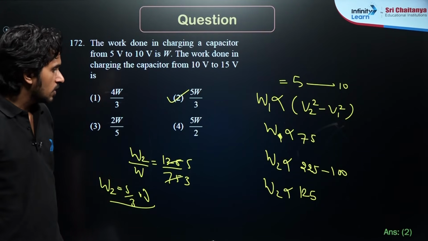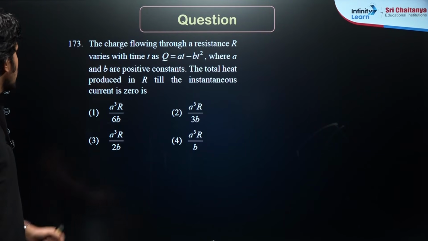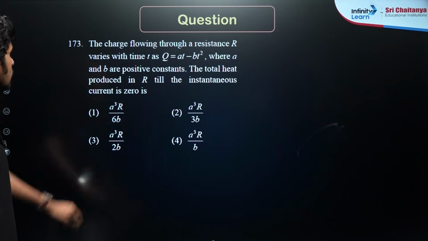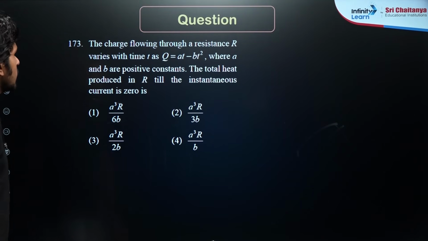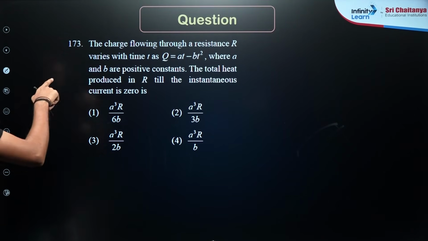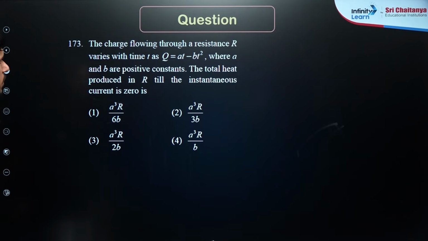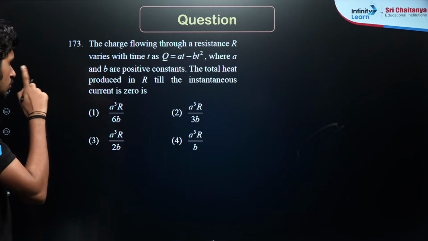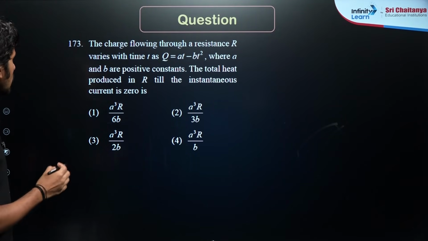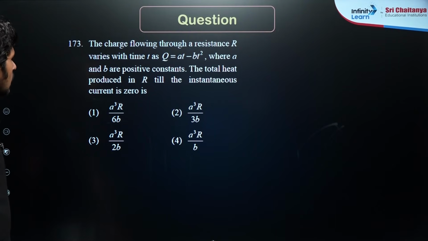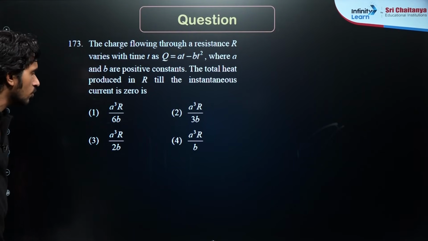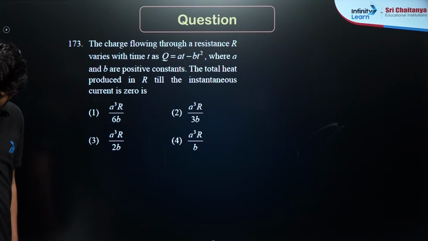Okay. Then we have next problem, and in next problem the charge flowing through a resistance R varies with time, q equals At minus Bt square, where A and B are positive constants. The total heat produced in R till the instantaneous current is 0. Okay, so what should we do here?